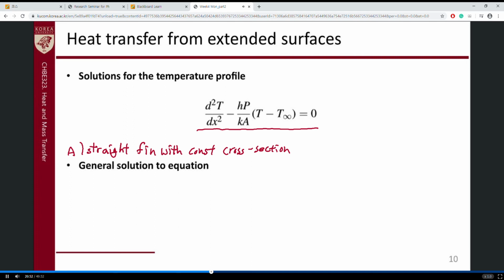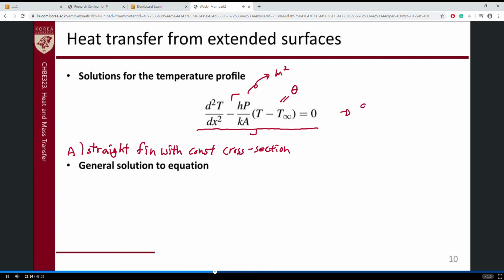Yes, for these conditions, we can say that this hP over kA can be a constant. So we define these things as m squared, and then we change this T minus T infinity as a theta. So we tried this before once, right?